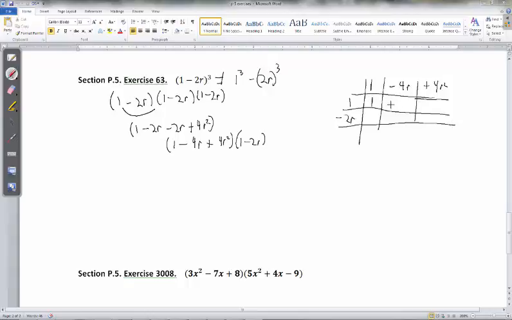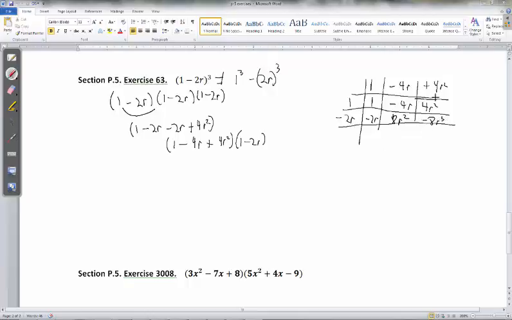So just filling in the pieces. This would be 1, negative 4r, 1 times 4r squared is 4r squared, negative 2r times 1, negative 2r times negative 4r will give you 8r squared, and then negative 2r times 4r squared will give me minus 8r cubed.